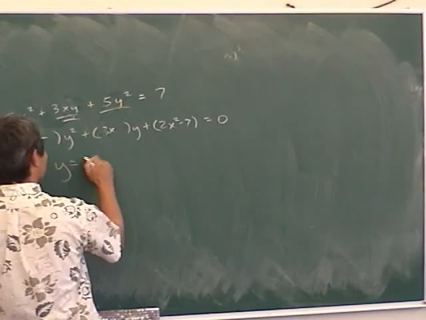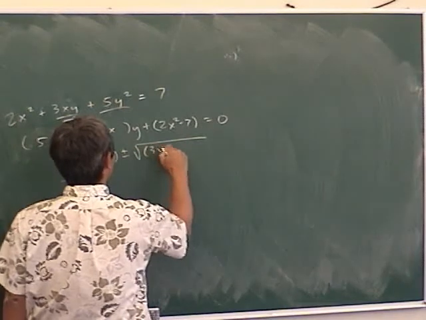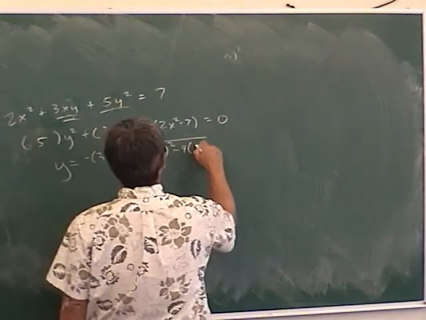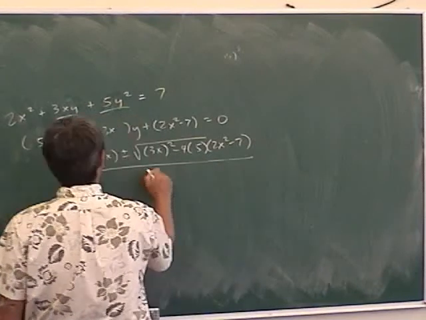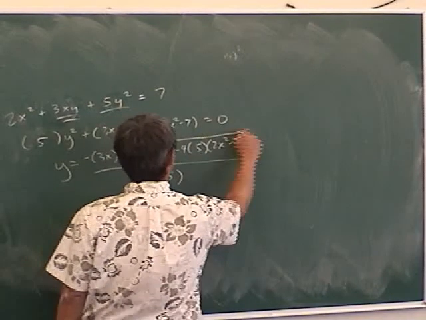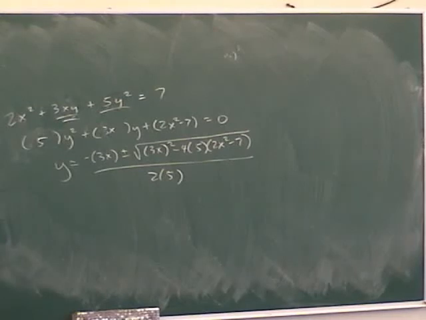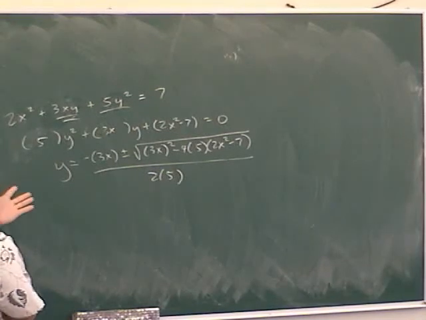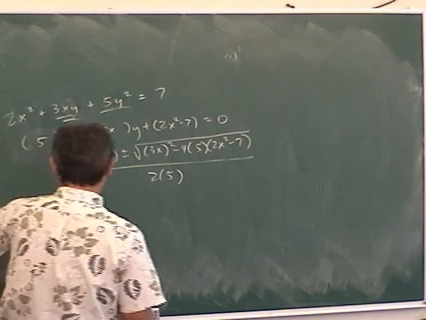y equals negative b plus or minus the square root of b squared minus 4ac, all over 2a. Then of course you guys can simplify this, yeah? Here, let's practice right now.